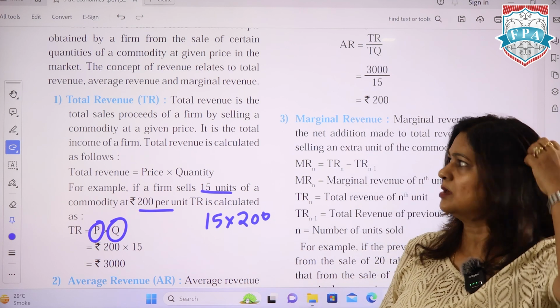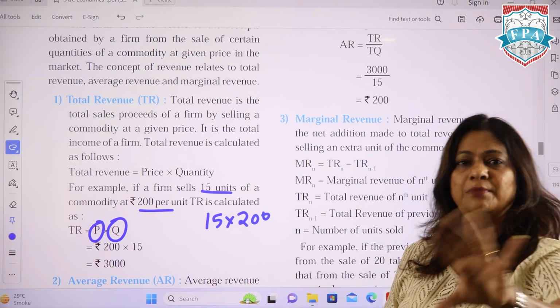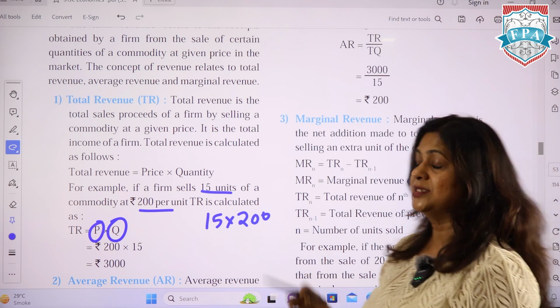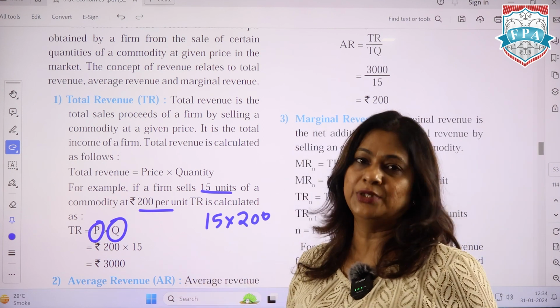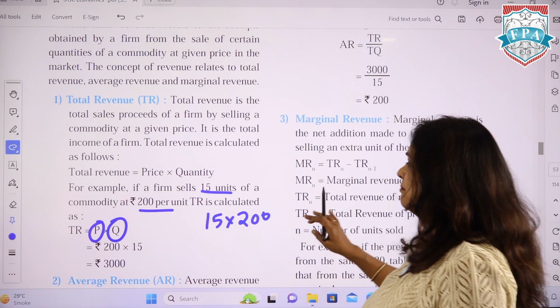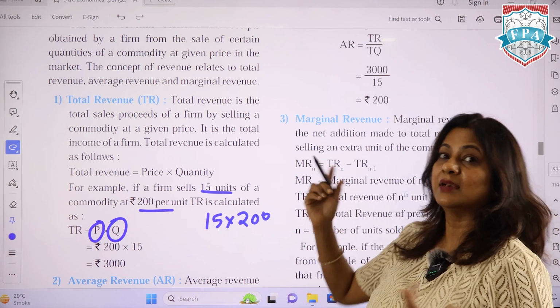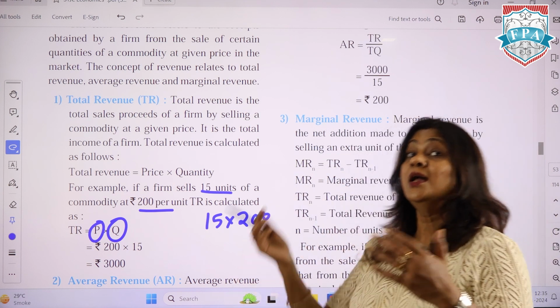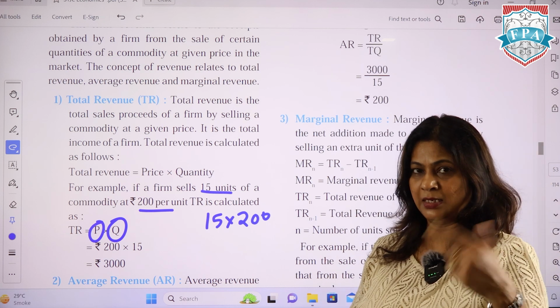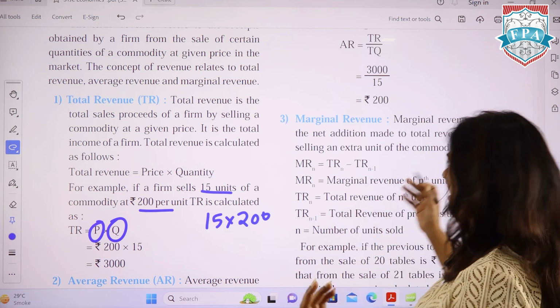Last exam, if I'm not wrong, they have asked you the difference between total revenue and marginal revenue. So total revenue is the total revenue from all the units which you have sold, and marginal revenue would be the revenue which you have got from the last unit which you sold. Same logic.